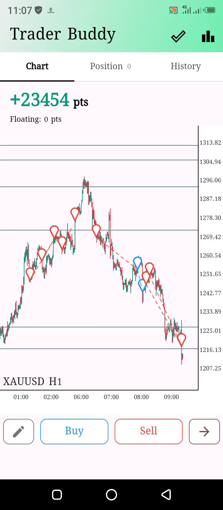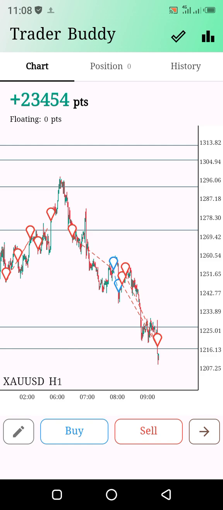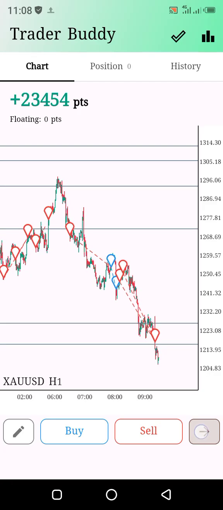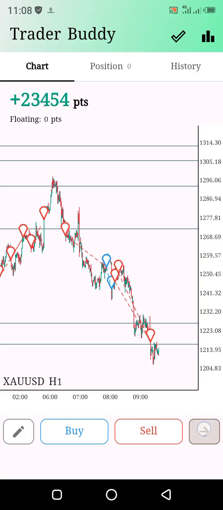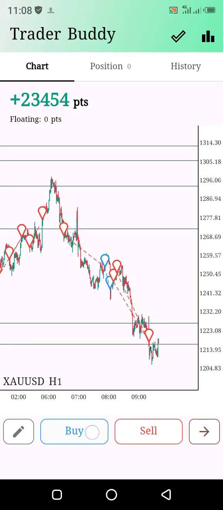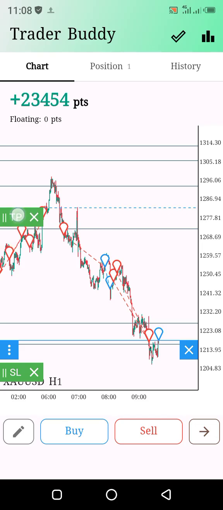I think that's it for now. We shall wait for another impulsive push upwards, and then after there's a little high, we shall buy. TP is going to be at the nearest zone, which is around here. Stop loss underneath these two zones.